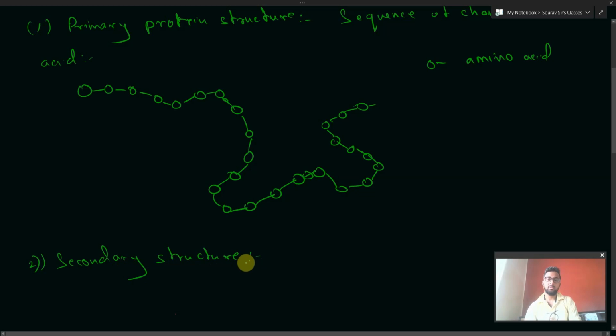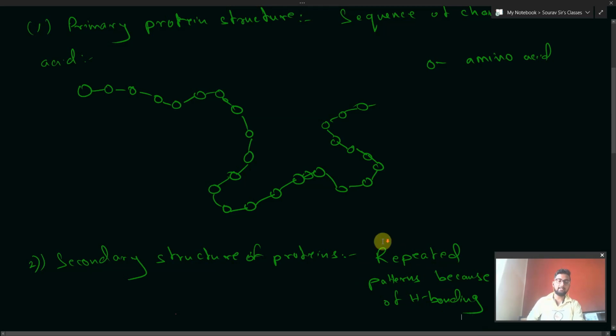In this structure, we have the hydrogen bonding of the peptide backbone causing amino acids to fold in repeated patterns, because of H bonding. This kind of pattern is represented in the secondary structure.